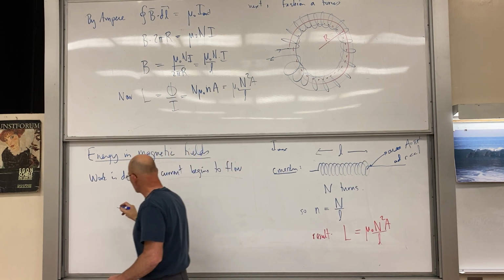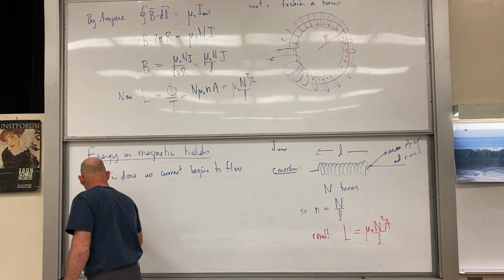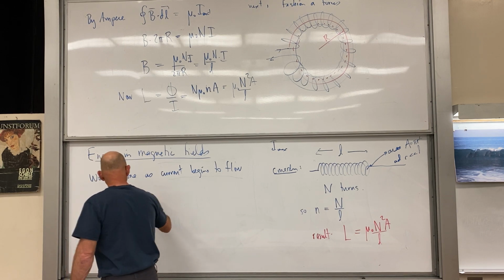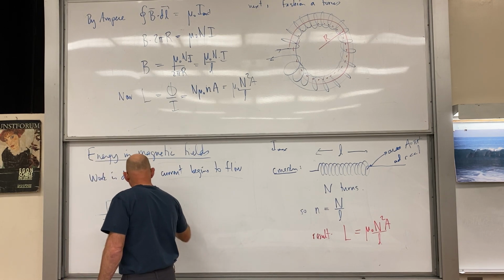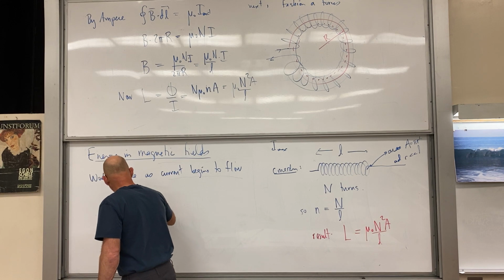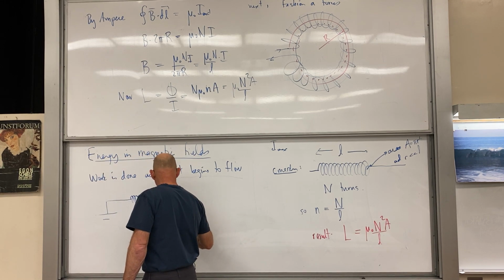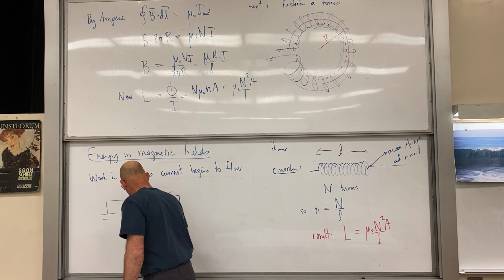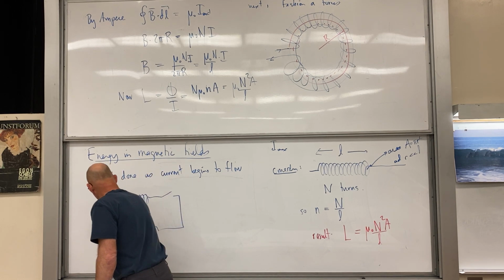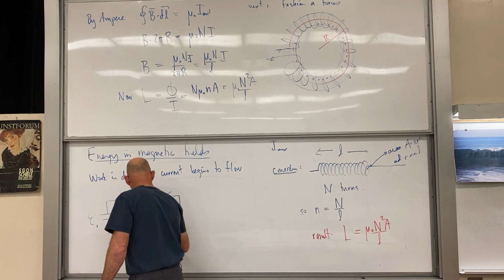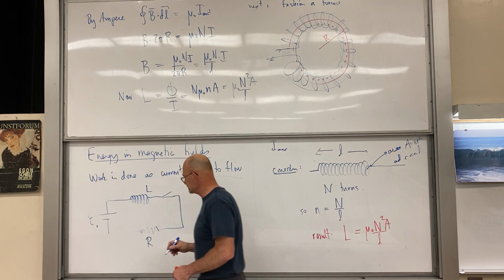And the circuit I'm talking about again is this one right here. So let's keep the picture here. We had the inductor, we had the switch, and we had the resistor, L, R. Okay, and then we close the switch.